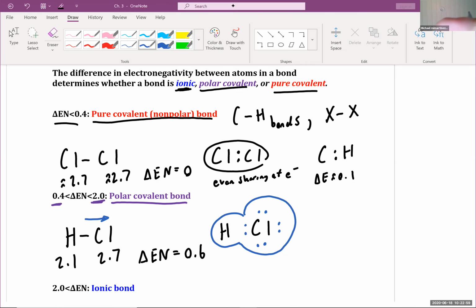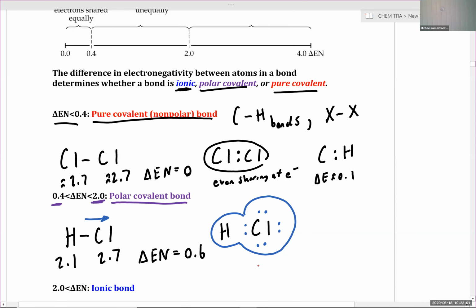Now, because we have excess electron density on chlorine, what do we call a charged species with excess electrons? What kind of charge will we accumulate if we have excess electrons on our chlorine atom?